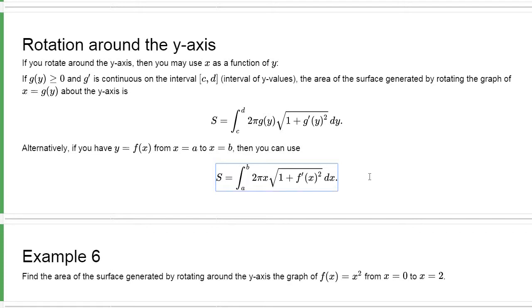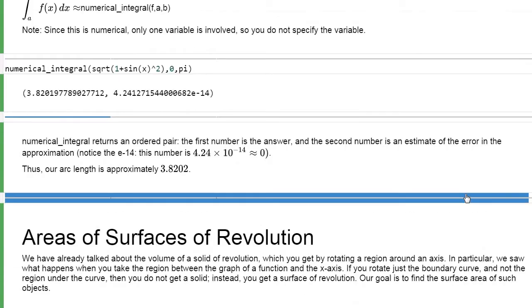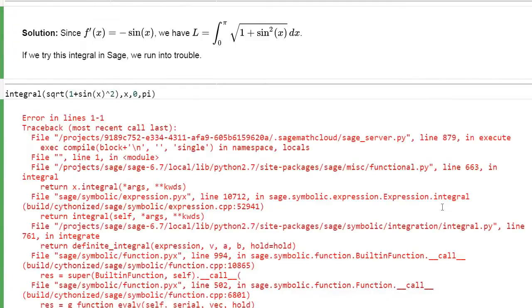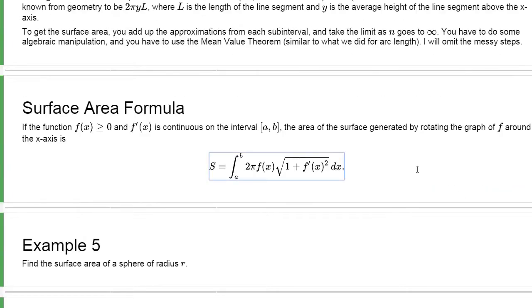Okay, so compare this to what we had up here, rotation around the, where's that formula? Oops, went too far. Sorry about that. Here it is. This is rotation around the x-axis, and it's 2 pi times the radius of the cone, which is given by the function.